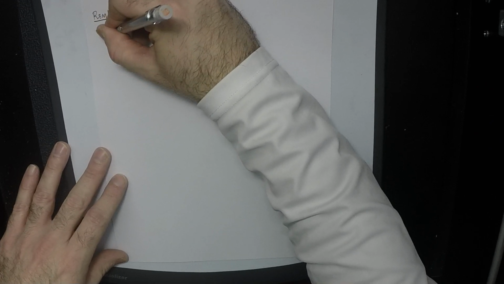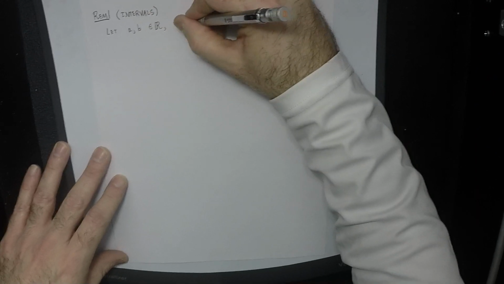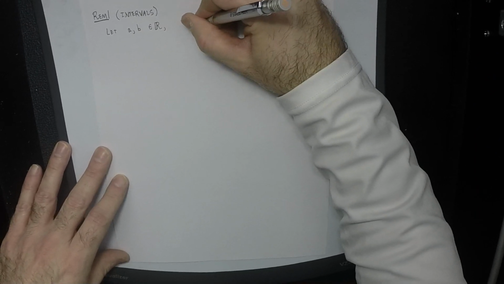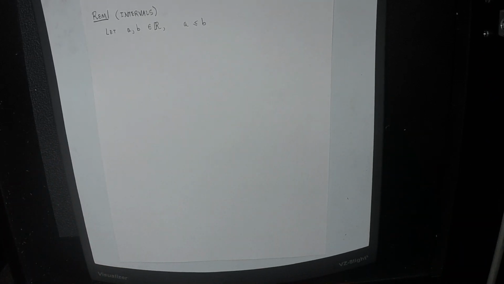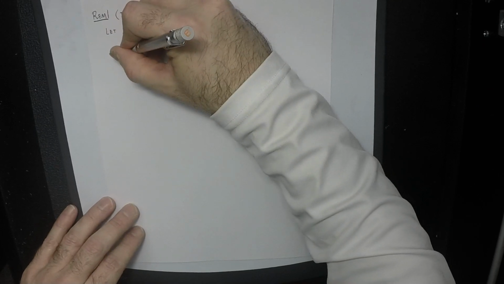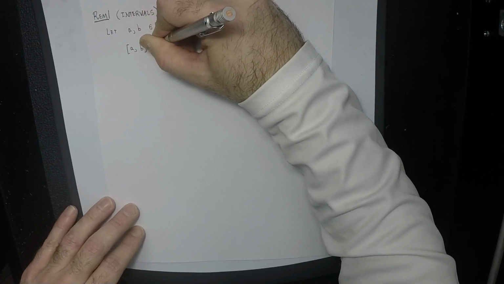Let A and B be in the reals with A less or equal to B, so that A is at most B. Then this definition, A, B in square brackets, means what?